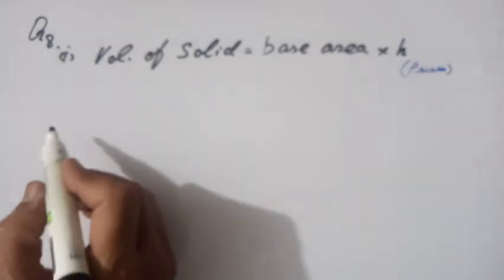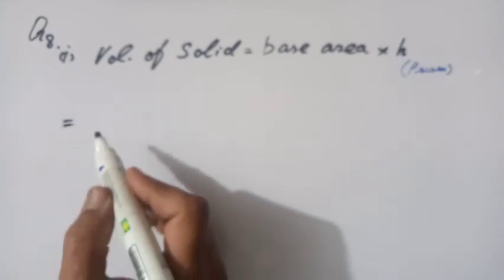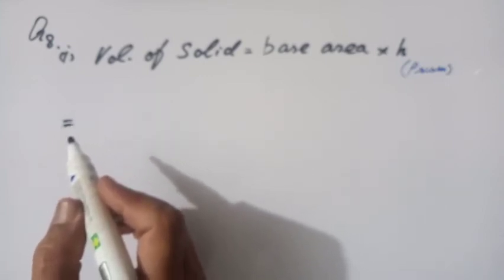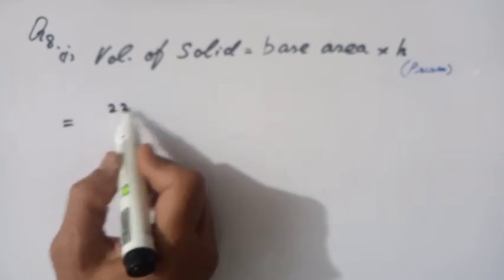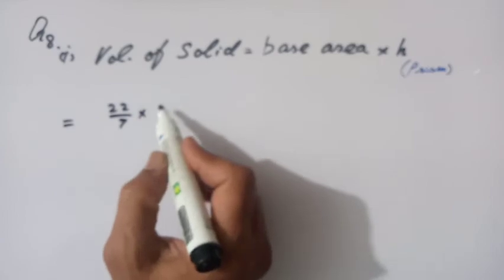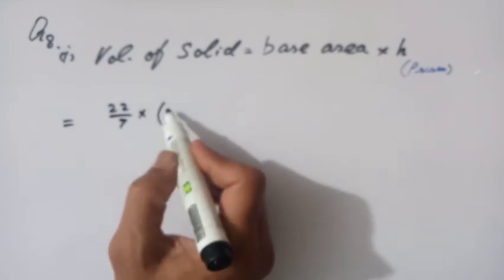तो ये देखिए, पहले आउटर सेमी सर्कल का एरिया फाइंड आउट करेंगे। 22/7 r square. How much r is?